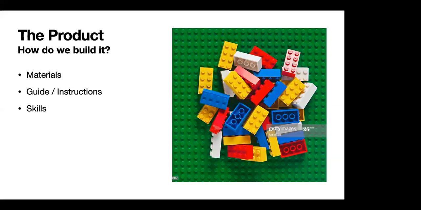We just look on a high level at what materials, instructions, or basically technology, how we're going to organize our stack, what things we could build this particular product out of. It could be that we could build it out of multiple materials, with multiple skill sets. It doesn't have to be one way that we can build it, but just to get an idea on a high level how we're going to build it is important. Okay.